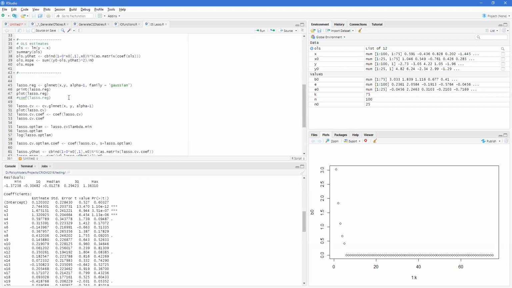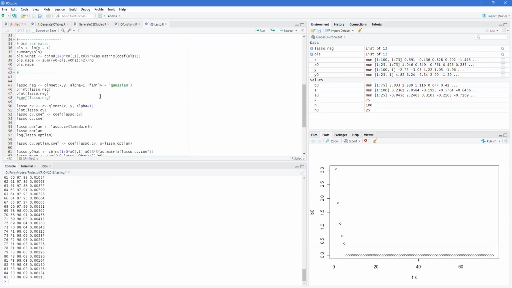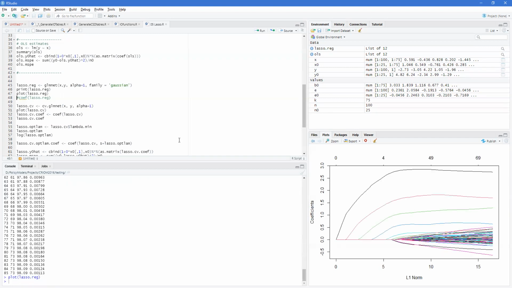So we're going to use the glmnet approach, which takes X and Y, and we're going to say alpha equals 1, which means that it's going to do a lasso, and the family of distribution is going to be Gaussian. So we do our lasso, and we can see what we've printed. We've got a lot of deviations and lambdas, and we're going to plot our regression.